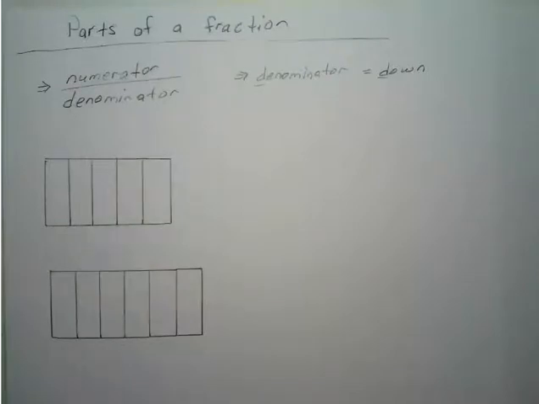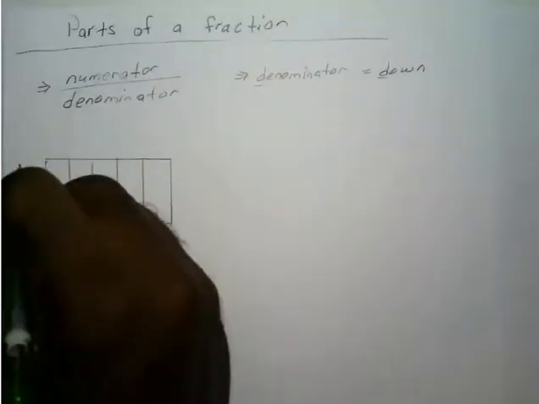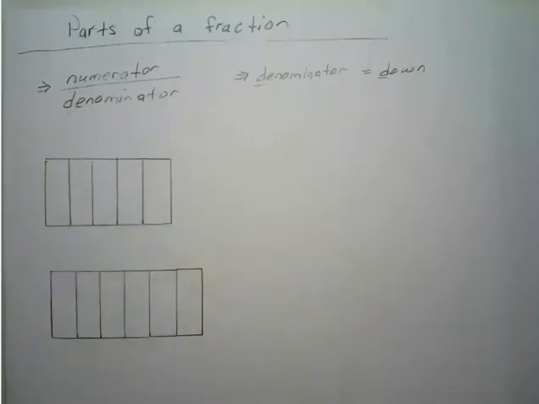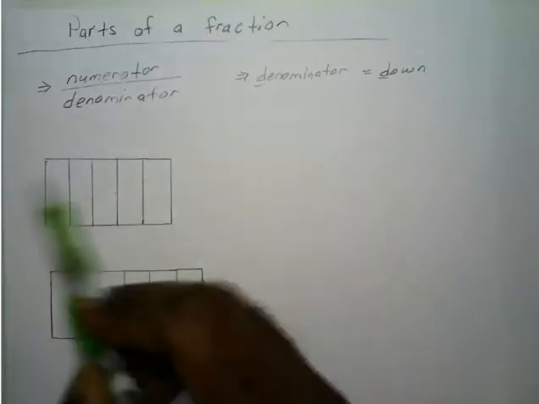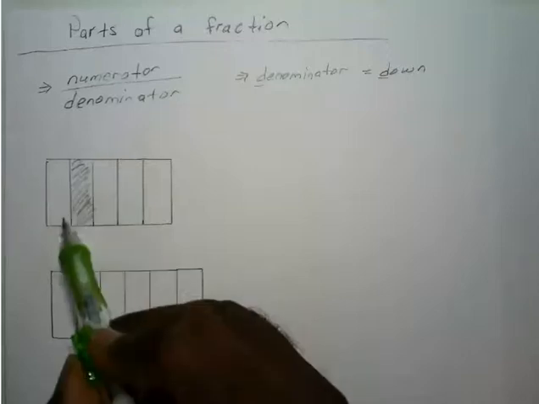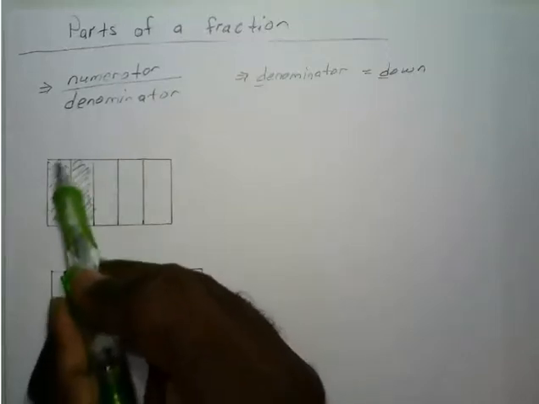All right, so let's look at a couple of examples of a fraction. Let's say you have 1, 2, 3, 4, 5 equal parts. You have one whole shape cut into 5 equal parts. And what if we shaded in 2 of those parts?